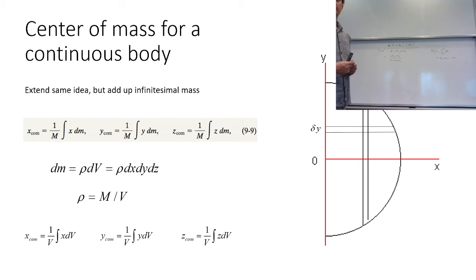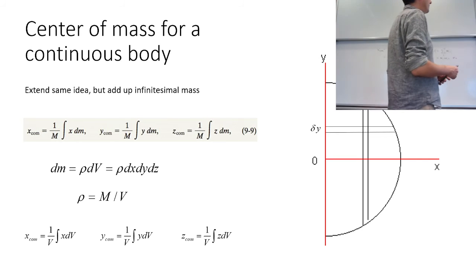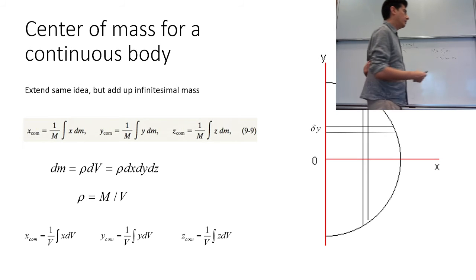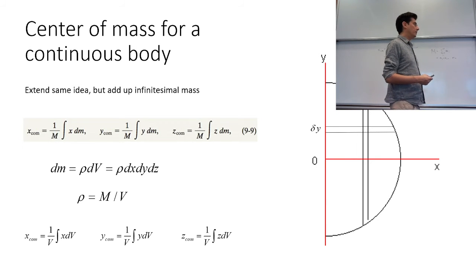I don't think I'm going to expect you to be able to do a really complicated integral for a very complex shape, so don't worry too much. But you should still know how this works, at least for some simple examples.